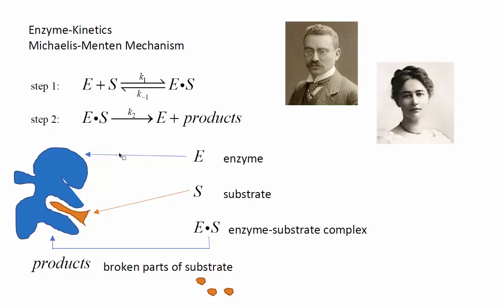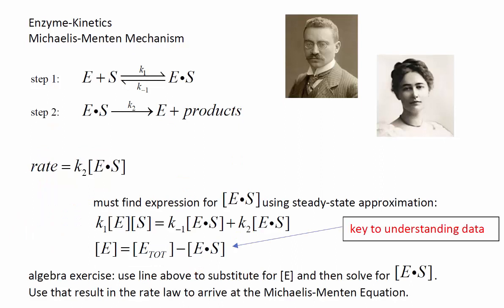In this case, we will focus on the second step of the reaction and think about the overall rate as being the rate that the enzyme substrate complex breaks down. So we can write rate equals K2 times the enzyme substrate complex, and this is the starting point for trying to derive a rate law.